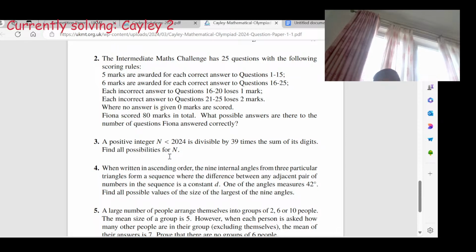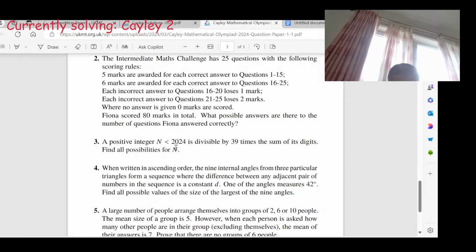Honestly, you just try each one, right, until they work. Because they're -1.